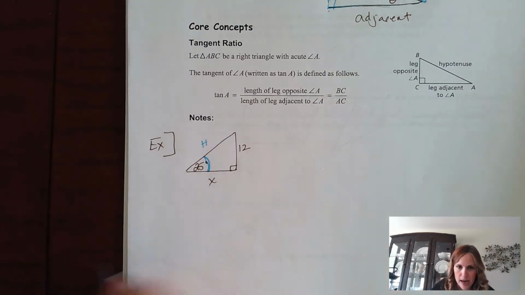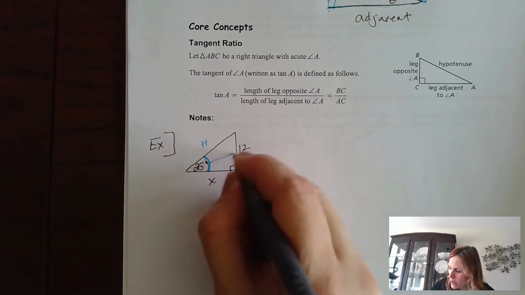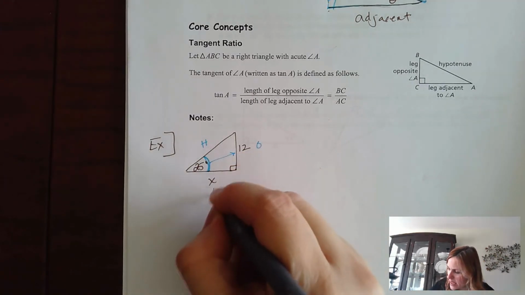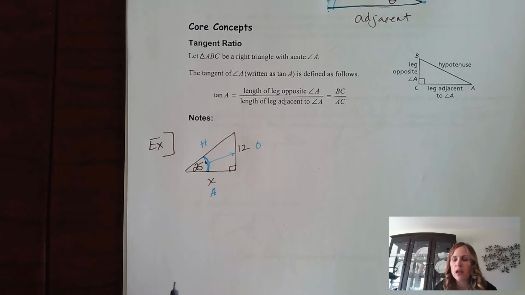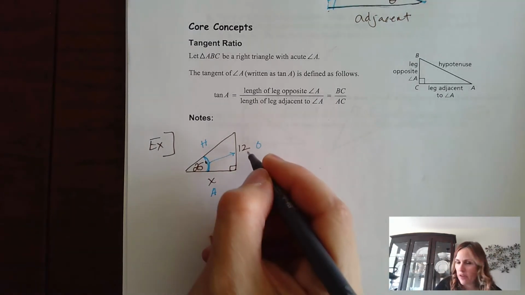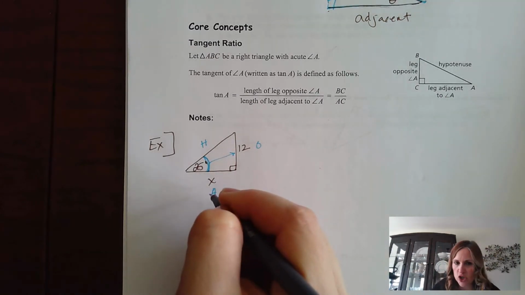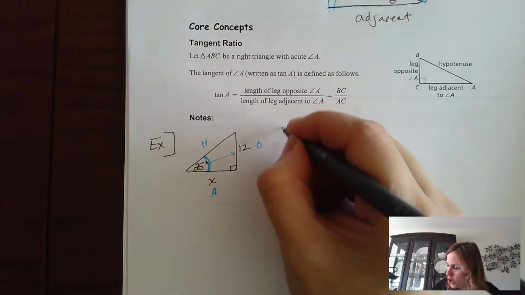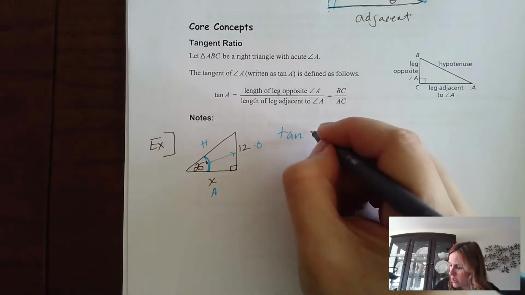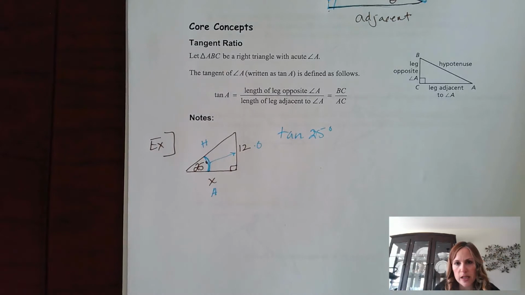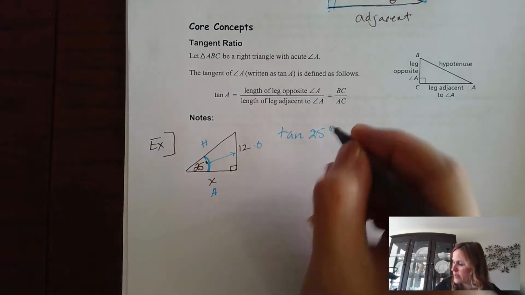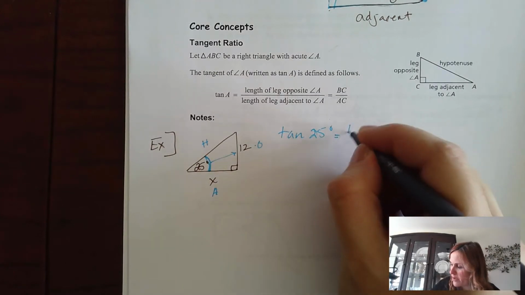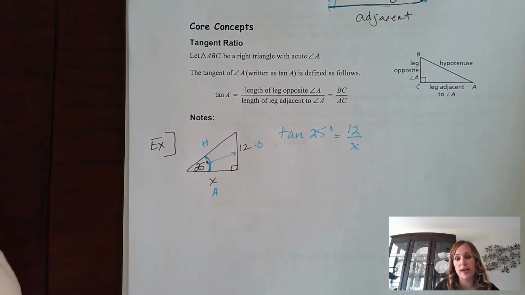Here's my hypotenuse, because it's across from the right angle. This has to be my opposite, and this has to be my adjacent. Because you're given the opposite and you're trying to find the adjacent, you know you're going to be dealing with tangent. So we're going to be dealing with tangent of 25, because that's our angle. We named what theta was. So tangent of 25 is opposite over adjacent, so 12 over x.